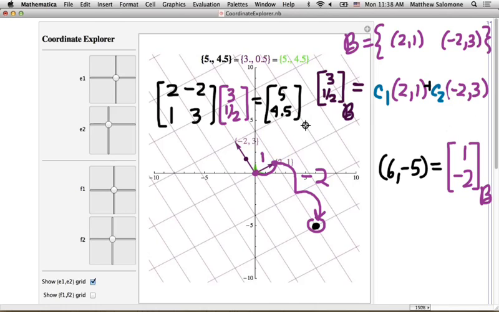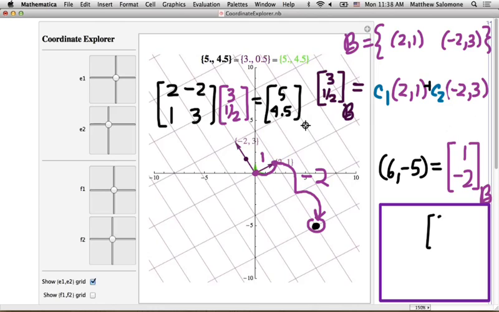So that gives us kind of the recipe for how to translate between standard coordinates and non-standard coordinates. If I know the standard coordinates of a point, and I'd like to know the b coordinates, the non-standard coordinates of a point, then the matrix which achieves that change of basis is the inverse of the matrix that has our basis vectors as its columns, v1, v2.